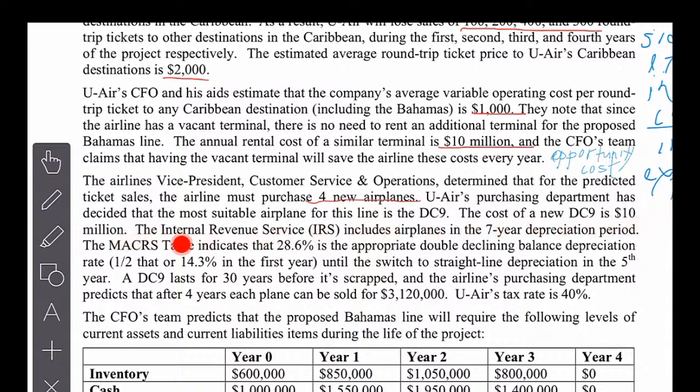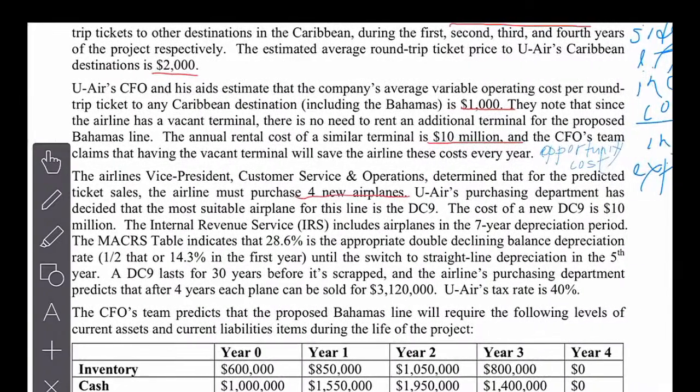And then it mentions the IRS. IRS includes airplanes in the 7-year depreciation period. The maker's table indicates that 28.6% is appropriate double declining balance depreciation rate, 1/2 that, or 14.3% in the first year.